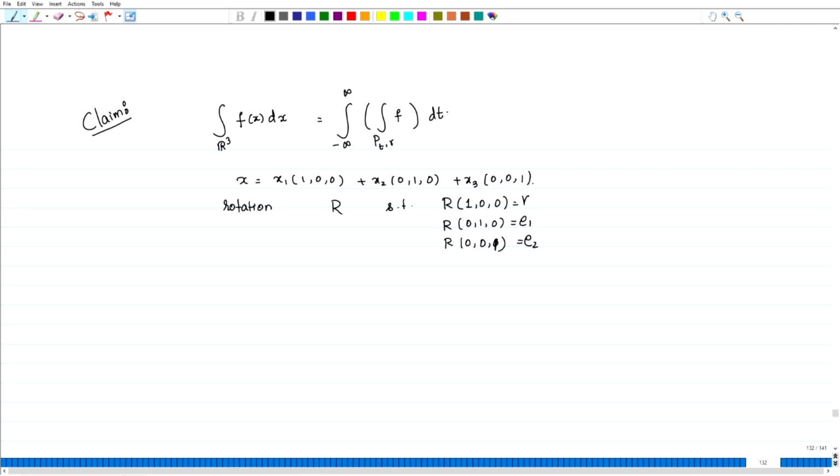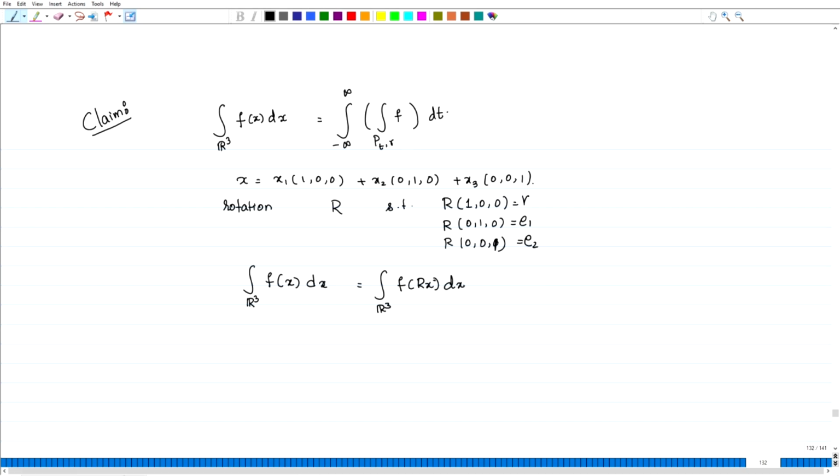basis gamma, e1 and e2, and therefore, if we write the integral over R^3 of f(x) dx, this is equal to the integral over R^3 of f(Rx), and again the Jacobian determinant has modulus 1.